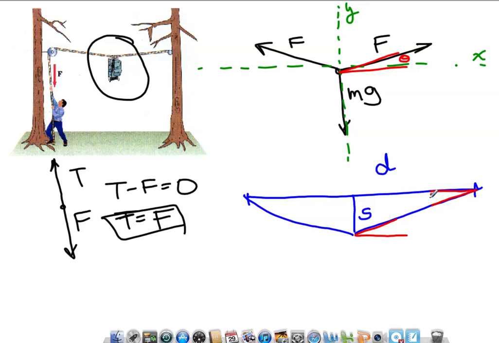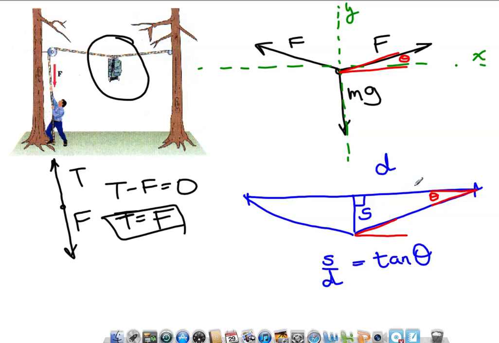So that's also our theta. And with SOHCAHTOA, because this angle right here is a right angle, S over D is opposite over adjacent. That's equal to tangent of theta. And since we know S and D, we can calculate theta.